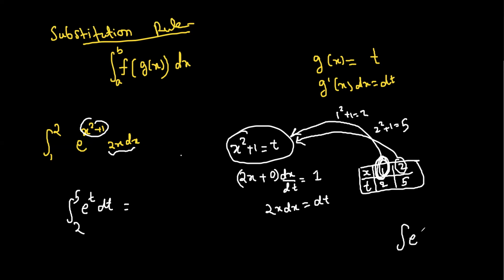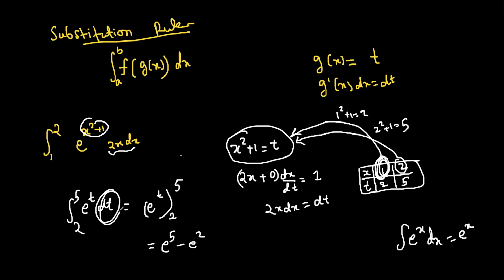Now you know very well integration of e to the t is e to the t, right? First we put the upper limit and then the lower limit. Why here? Because you are integrating with respect to t. So this is the limit of t. We have to place it in the place of t, right?